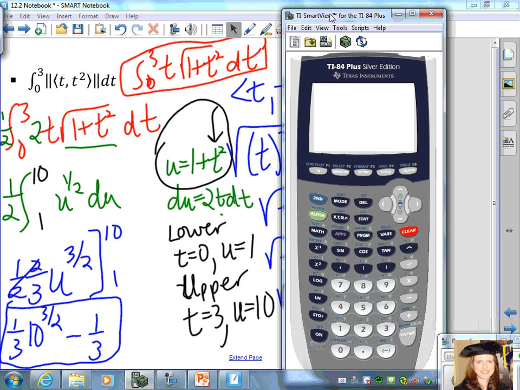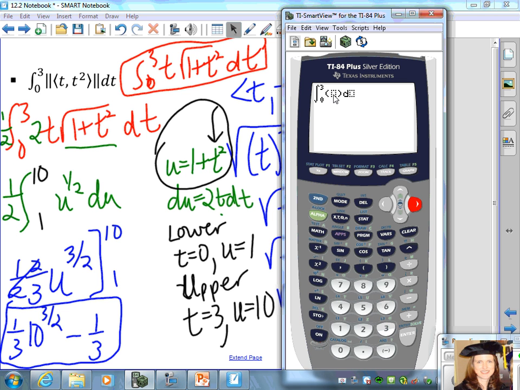To do that, I press the math button on a TI-83 or 84 graphing calculator, and scroll down until you see the command to integrate a function. For this calculator, we want FNINT, which means function integrate. We're going to put in the lower bound, which is 0. Use your arrows to get to the upper bound of 3.